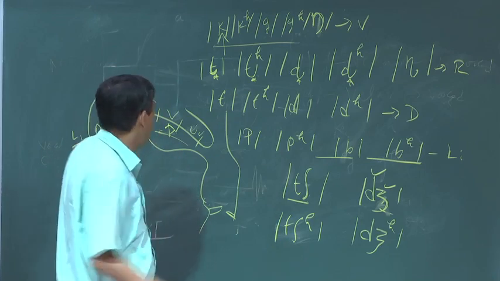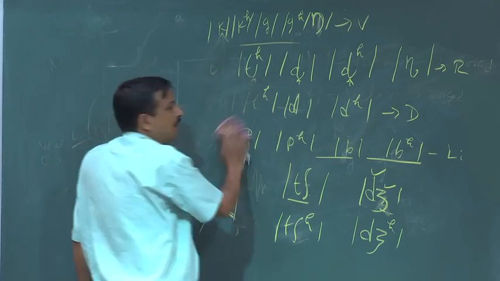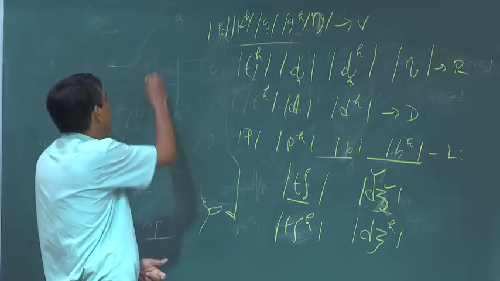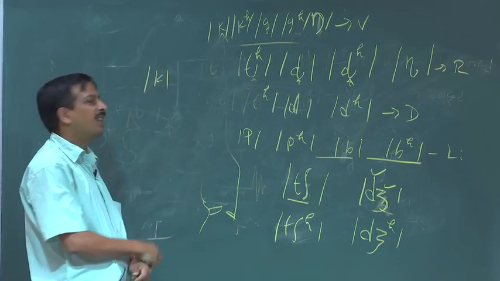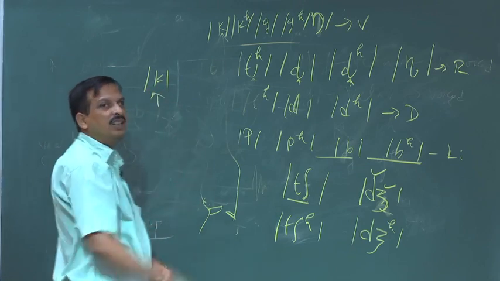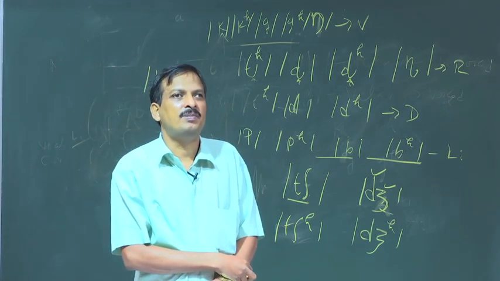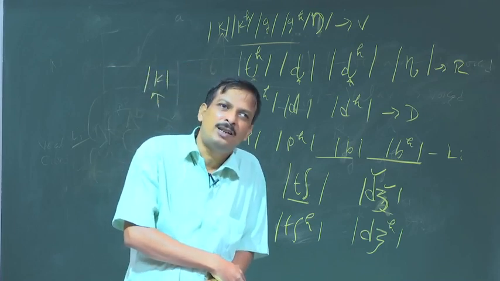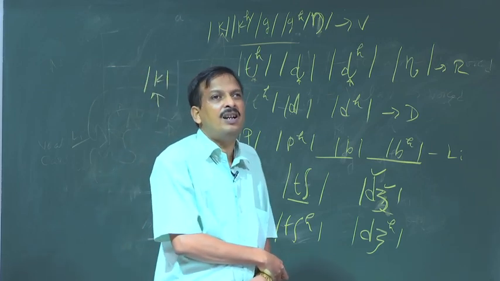If I say a consonant, a plosive, unvoiced, unaspirated, velar plosive, then and there I have to write K. If I say K, then and there I know it is unaspirated, unvoiced, velar, plosive. Okay.